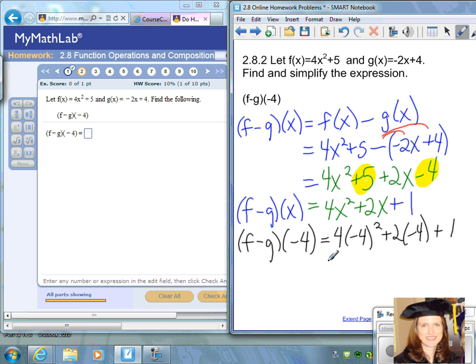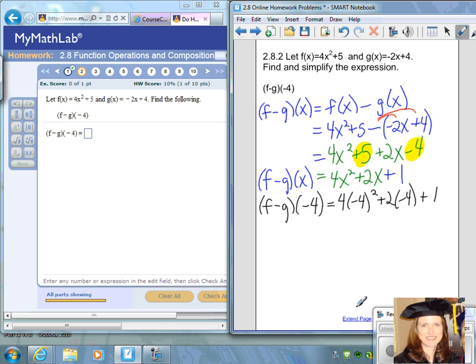So order of operations, we're going to first do the powers. -4 squared is 16. So we're going to have 4 times 16 plus 2 times -4 plus 1. Now we're going to multiply 4 times 16 together.